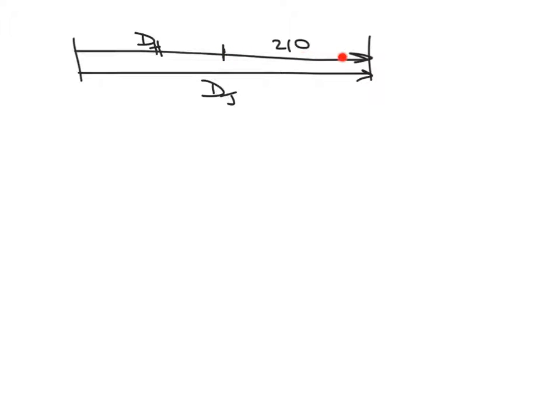One lap is 210. At what point in time will Harry be here and Janae will be here, one lap, 210 meters ahead. So we've got the distance of Harry plus 210 equals the distance of Janae.